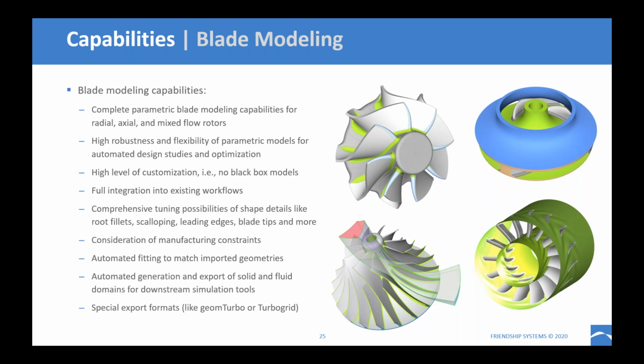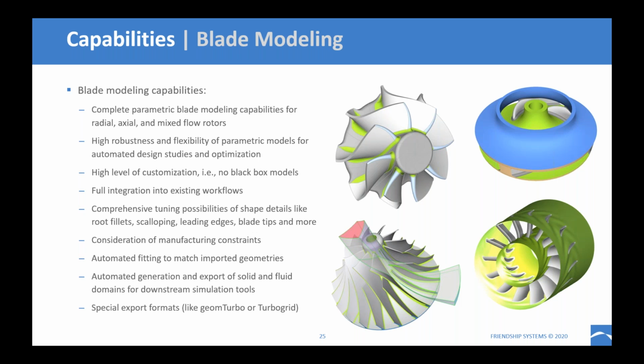There are a lot of capabilities to tune shape details that are connected to the blade, like their root fillets or scalloping of the impeller, leading edge shapes, blade tips, and many other things.